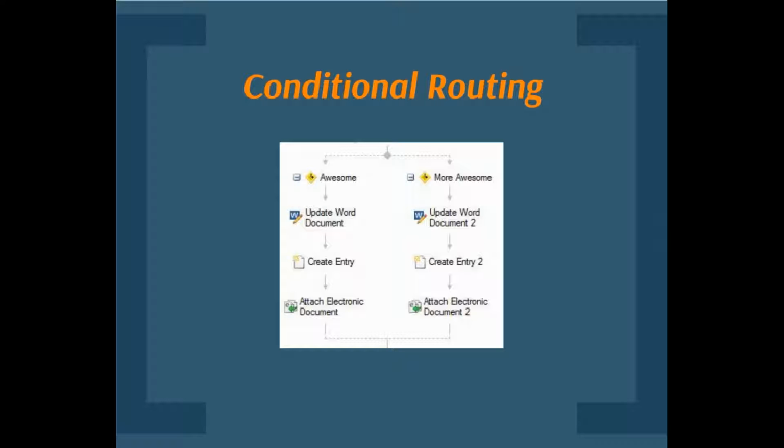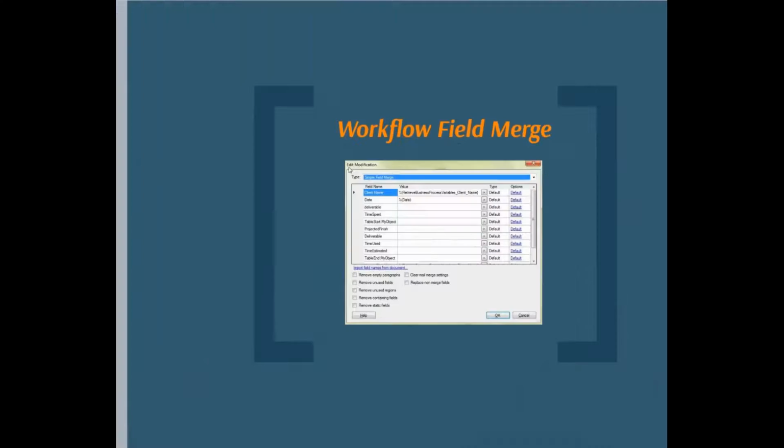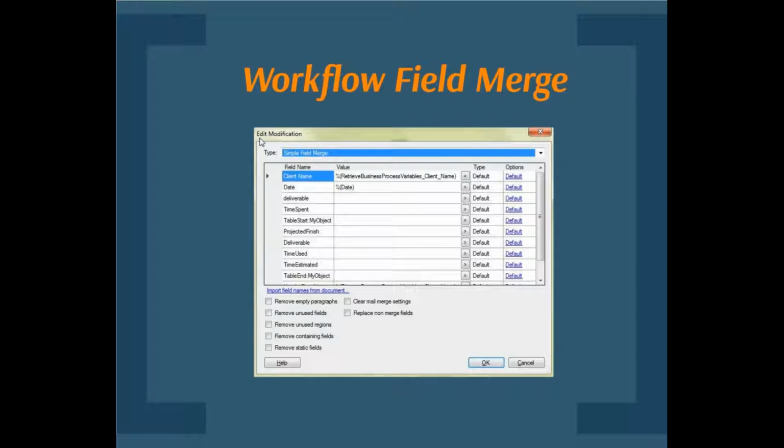So awesome versus not awesome might not be the best example, but you could do it for different types of contracts or different types of reports that you send out or different types of correspondence based on, say, the client type. So there's a lot of different ways that you could use this to make your documents still form-based, but auto-generated through workflow and conditional based on the data that you've already been entering into Laserfiche.